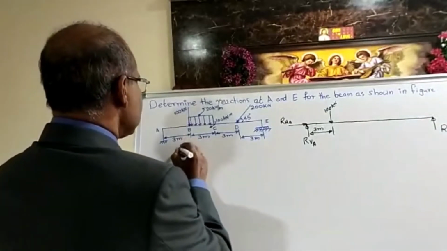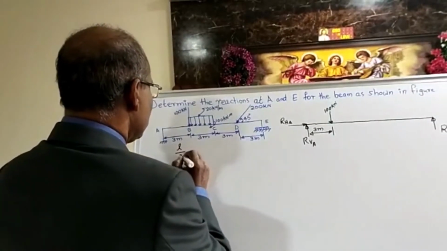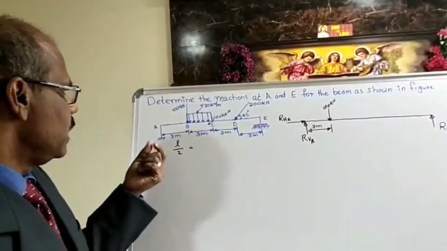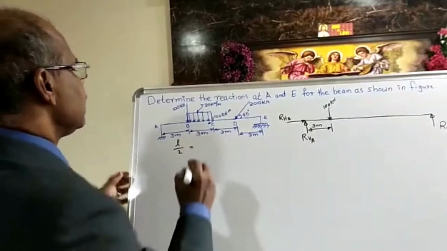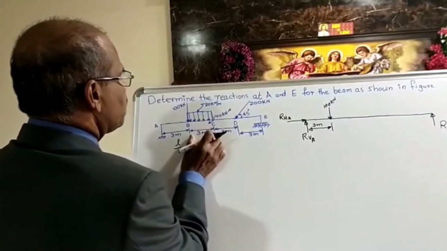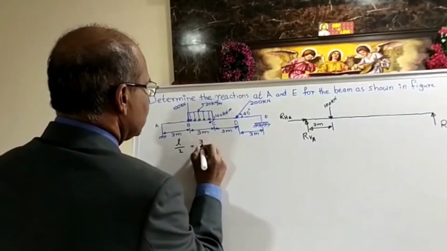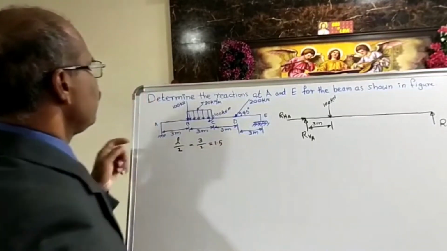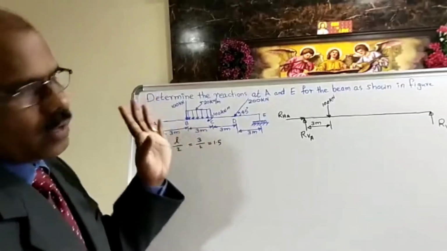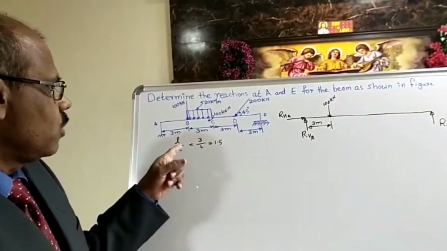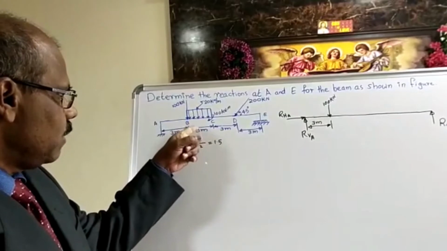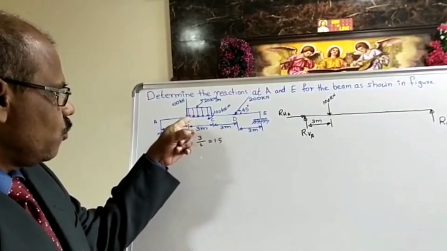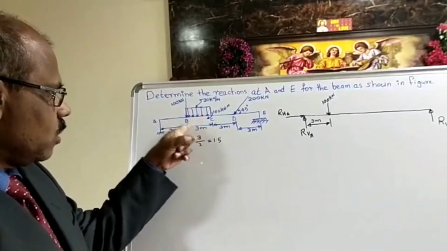The distance is L by 2. Here L means how much the uniformly distributed load is spread. Here it is spread over 3 meter, so this will be 3 divided by 2, so it will be 1.5, from B. Otherwise, the uniformly distributed load acts at the middle point of the 3 meter.